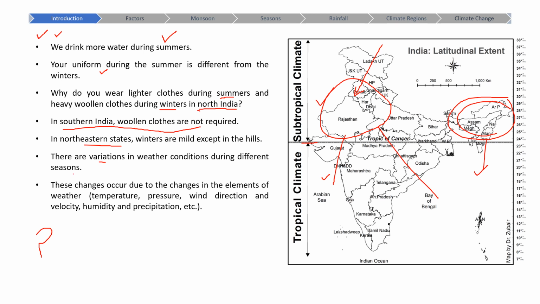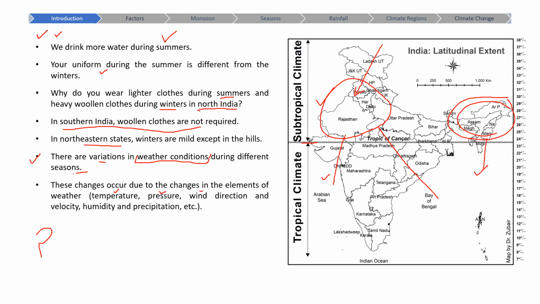Now what it says here is that there are variations in weather conditions during different seasons. He is saying weather conditions. Why is he not saying climatic conditions? Let's start from temperature. We know temperature, we know pressure, we know wind direction.